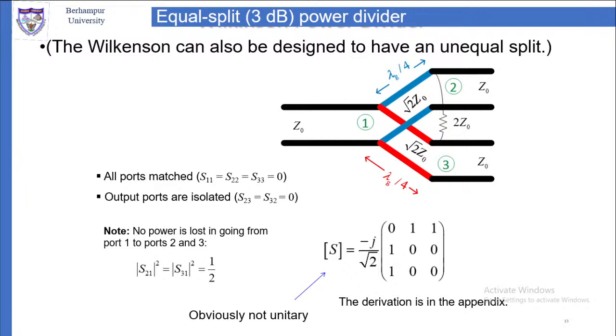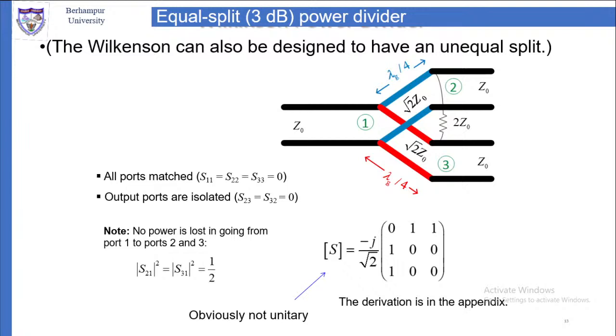So that is a lambda g by 4 length, with characteristic impedance root 2 Z0. Then the third condition is that between transmission line 2 and transmission line 3 there is a lumped resistor. The resistance of the lumped resistor is 2 times Z0.